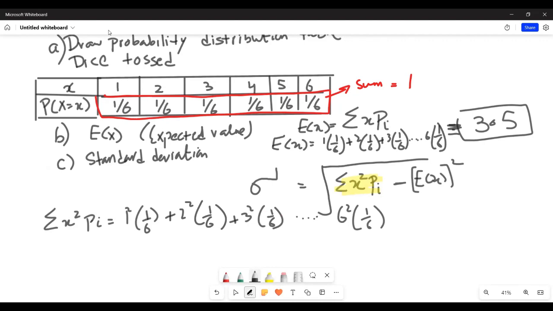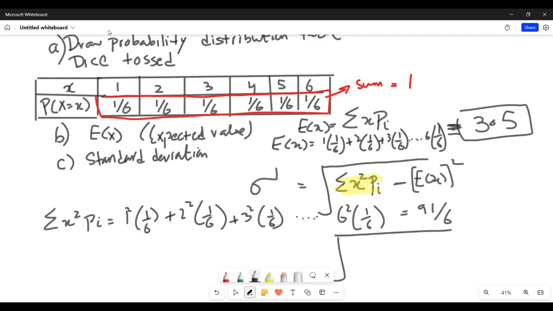So 1 square times 1 by 6 plus 2 square times 1 by 6 plus 3 square times 1 by 6 plus 4 square times 1 by 6 plus 5 square times 1 by 6 and plus 6 square times 1 by 6. That's 91 by 6.